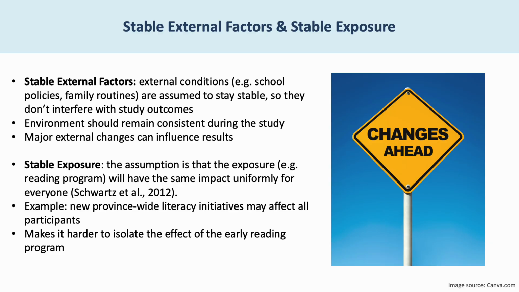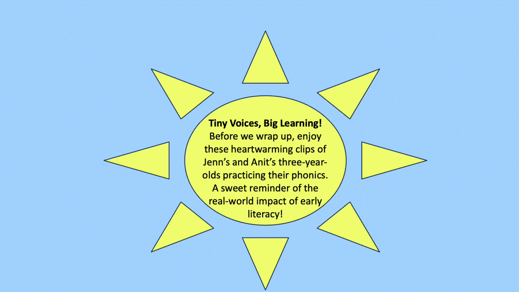If new literacy supports are introduced outside of the program, it may be difficult to isolate the specific effect of the reading program. So recognizing both of these assumptions early, keeping external conditions stable and ensuring consistent exposure, helps strengthen the design of the study and protects the accuracy of the findings.